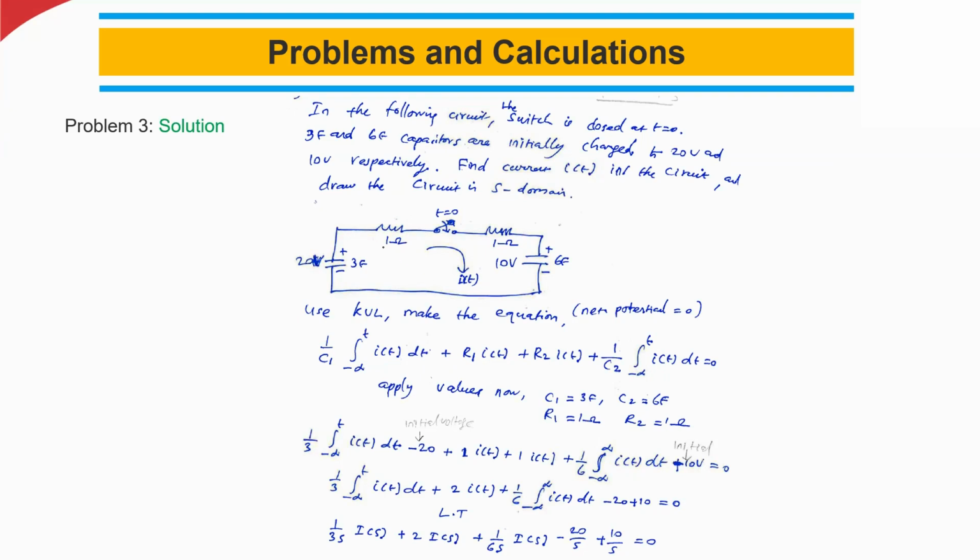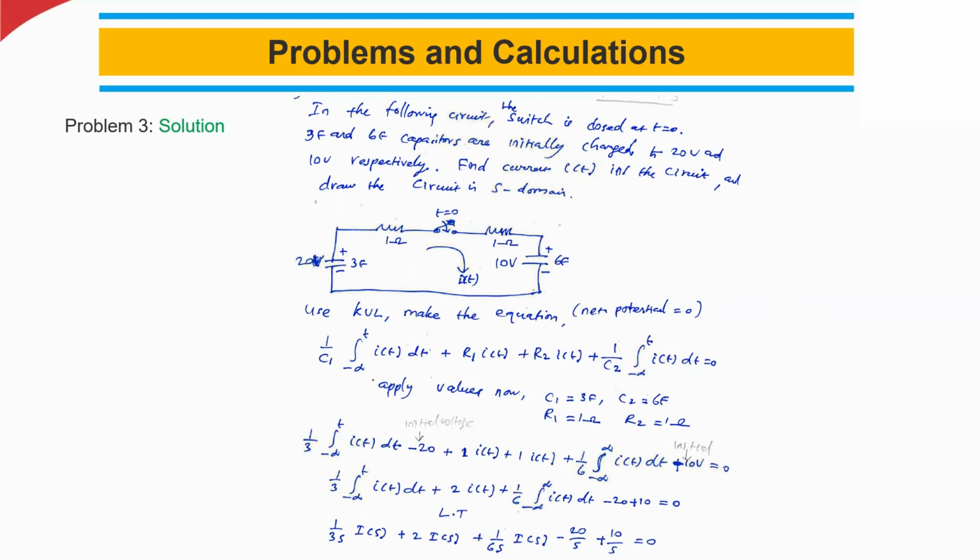It's not just one resistor, we have two resistors and two capacitors. So R1 is 1 ohm, R2 is also 1 ohm. So R1 times I of t, R2 times I of t, because the same current is flowing. And 1 divided by C2, where C1 is 3 farad and C2 is 6 farad. So 1 divided by C2 times integral from minus infinity to t of I of t dt equal to 0.